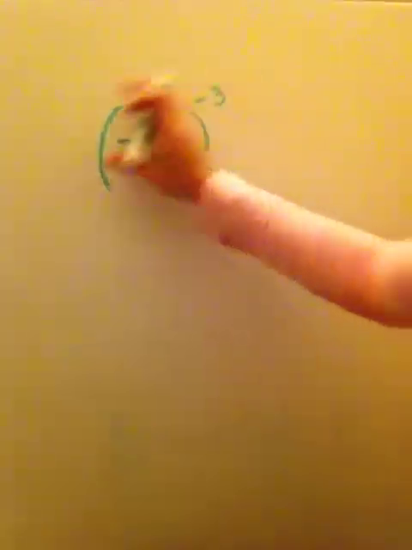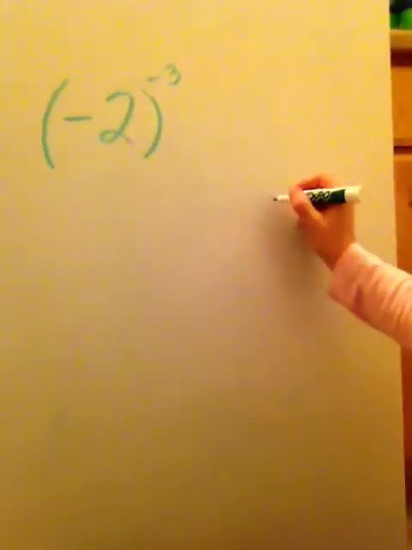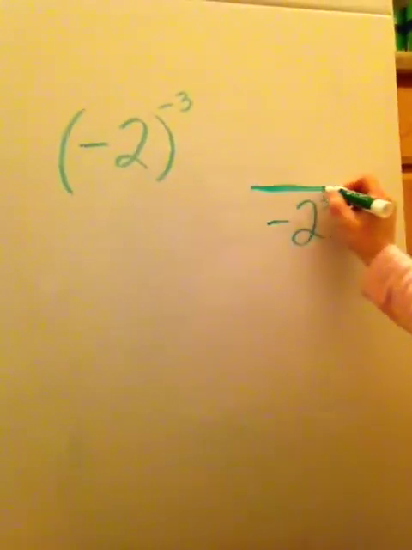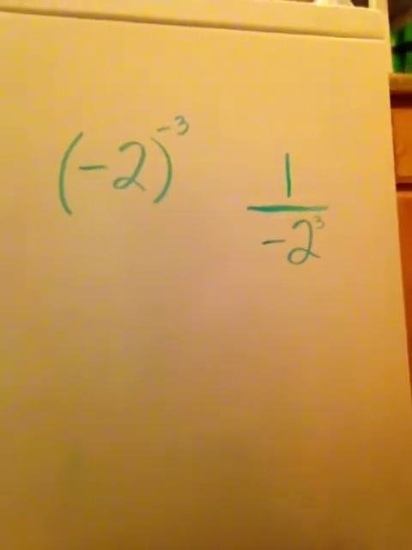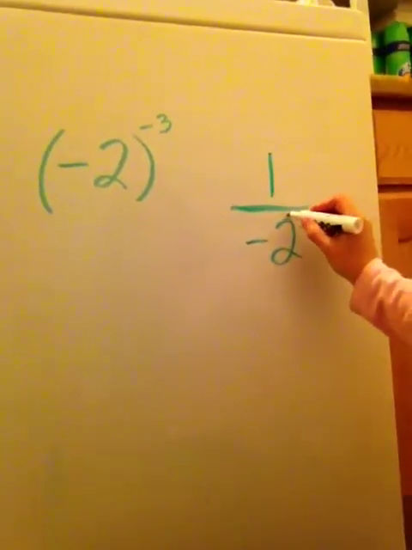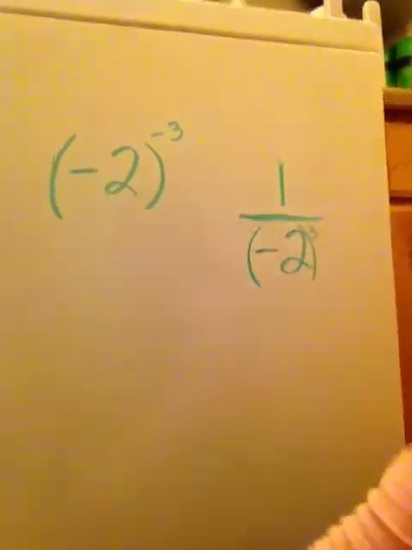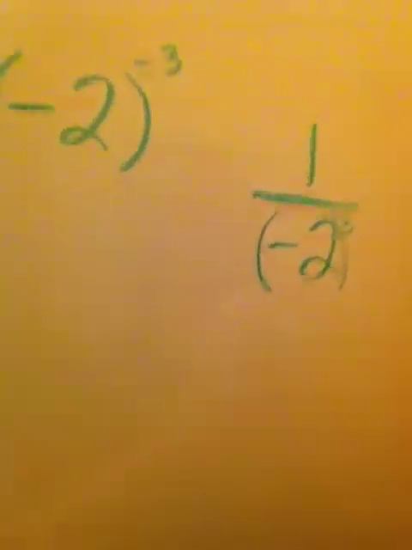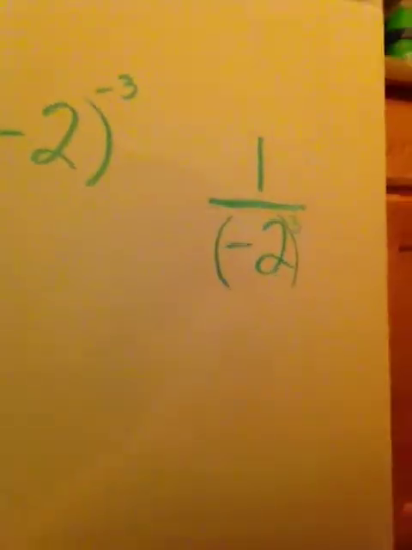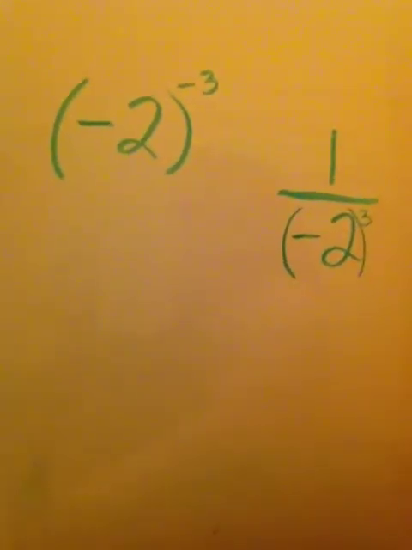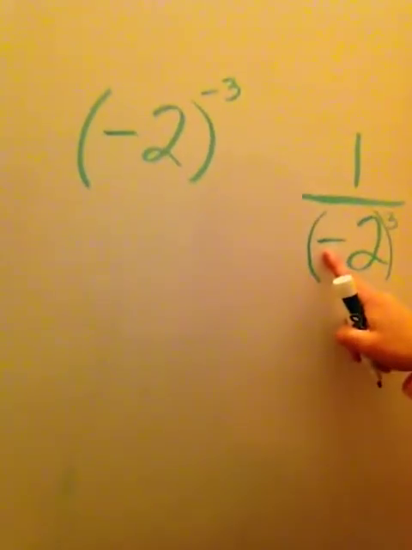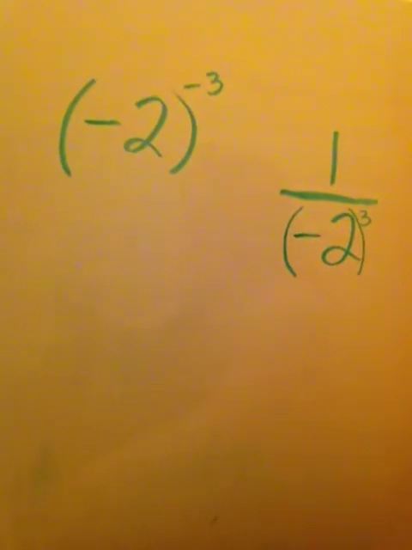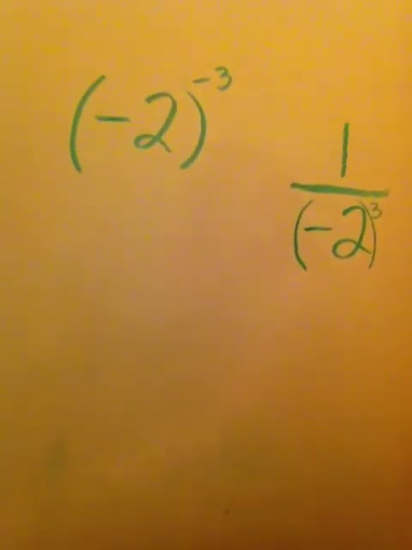So I've got to include that negative when I chuck it downstairs. So it becomes negative 2 to the positive 3rd power with 1 up top. And it's wise when we have positives and negatives to keep our parentheses. The reason why is because, remember, it's different if we're including the negative or if it's just hanging out and getting attached later. In this one, we would get a negative regardless, but not always would that work out.